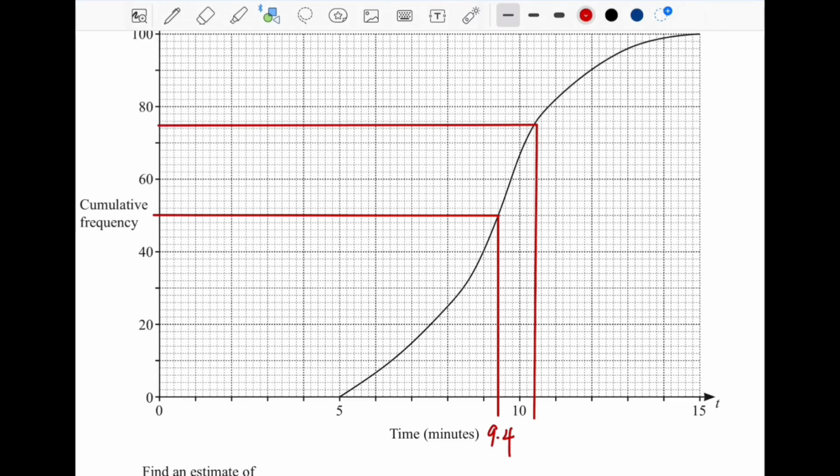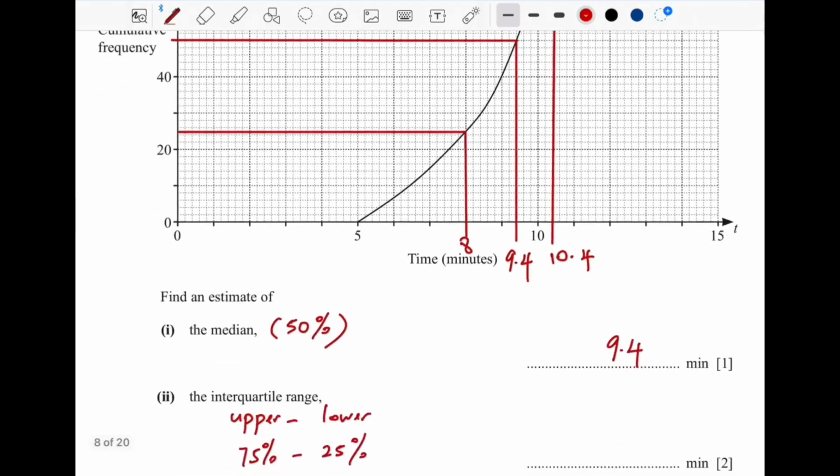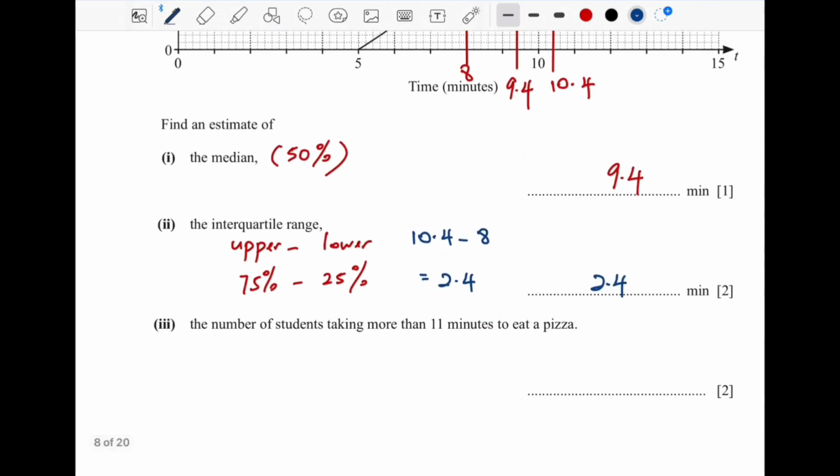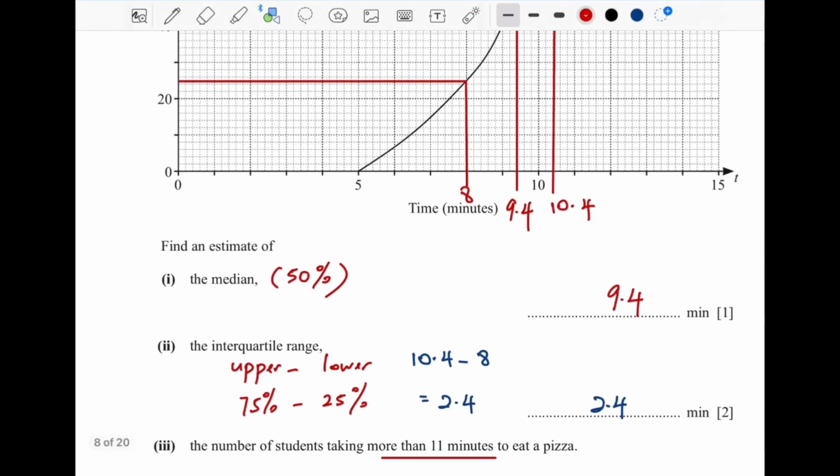Okay, so we have 10.4 for the upper quartile. Lower quartile, 25, so we have 8. So it's the difference between 10.4 and 8 minutes, so the interquartile range is 2.4. The number of students taking more than 11 minutes: you're given the x value, 11 minutes, so you need to find the y value.